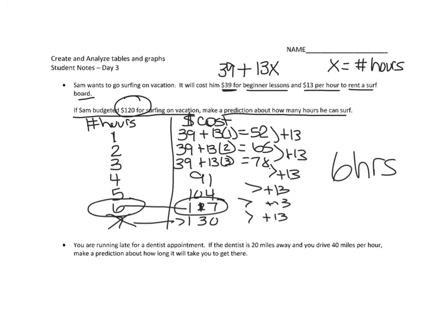Okay. You could also just make this an inequality. 120 is our max, so this has got to be less than or equal to 120, and you could solve it that way. I think you'd come up with like 6 point something, so 6 hours would be the most. Okay.